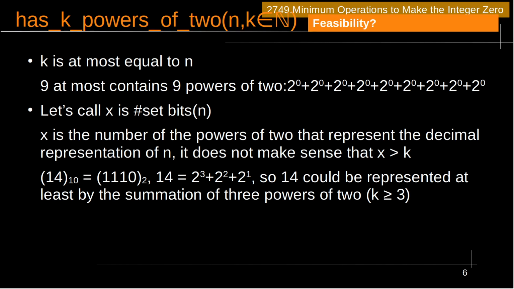So k must be greater or equal to 3. We cannot find k equal to 2 or 1 or 0 for 14. At least 3, or a number greater than 3, to represent 14 as the sum of the powers of 2.